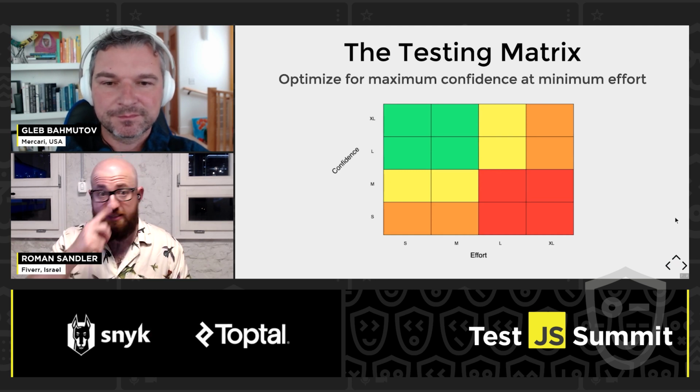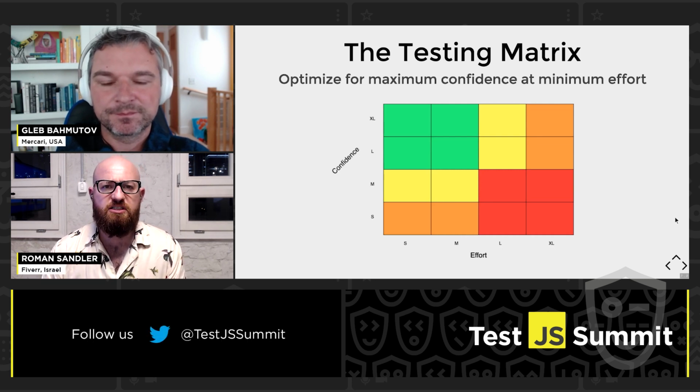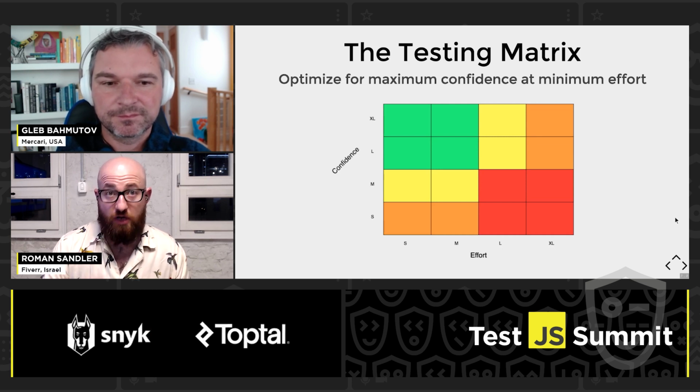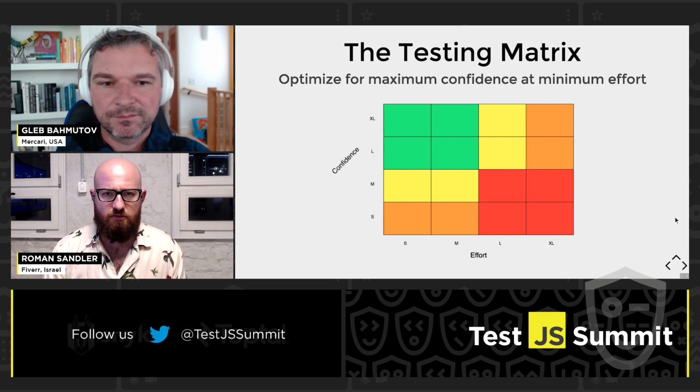And the whole premise of this tool is: optimize for maximum confidence at minimum effort, right? You want to spend as little effort as possible and get back as much confidence as possible. That's what you want to strive for. It's not about a specific tool. It's not about a specific level of abstraction in your test. It's about the idea, right?